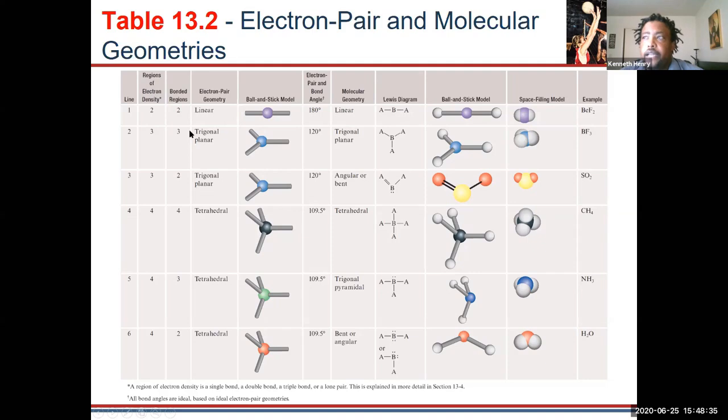So trigonal planar, lone pairs. We have 3 lone pairs. So the electron pair geometry is going to be trigonal planar. The angles between them is going to be 120. I'm going to put this in brackets here.